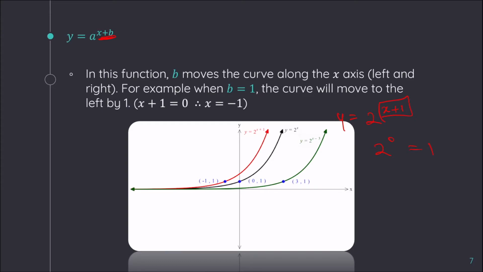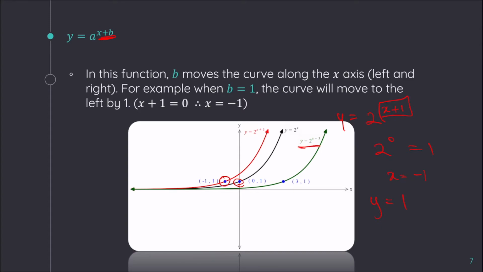So we need to make that into 0. So when x equals negative 1, we know that x plus 1 equals 0, and y is going to equal 1. So we have a point right here, which is equivalent of (0, 1). So we know that the whole graph has moved to the left.